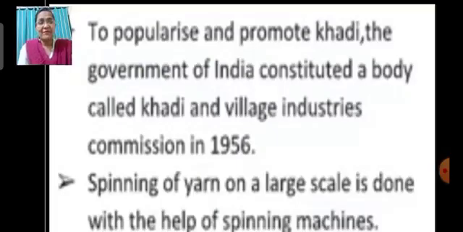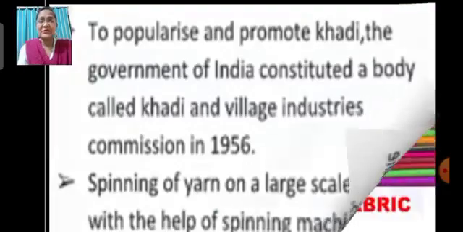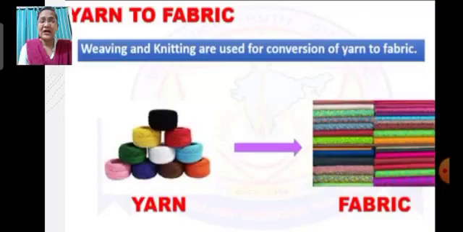Children, the fiber which we get from plants, animals or from chemicals is converted into yarns after spinning. Now next we'll see how these yarns are converted into fabrics. Children, weaving and knitting are used for the conversion of yarn to fabric.